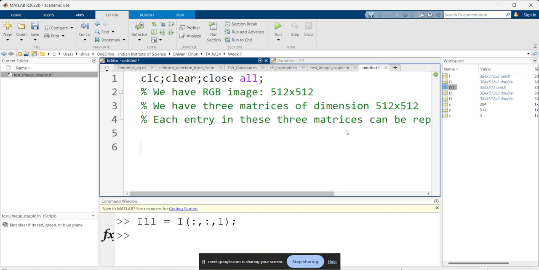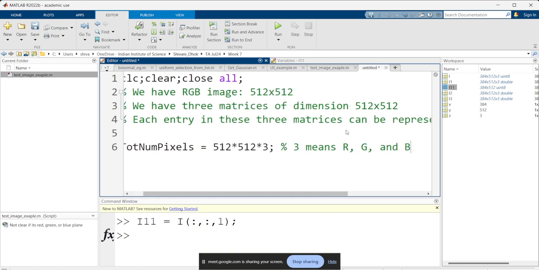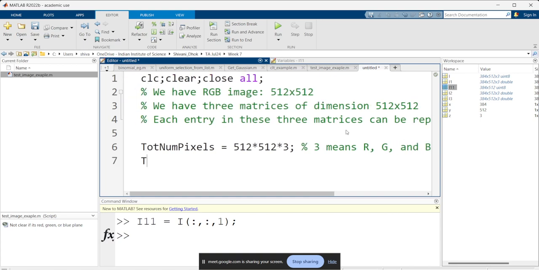So the first thing that we will figure out is the total number of pixels, and that is equal to 512 cross 512 cross 3. Why do we have 3? 3 means R, G and B. Then we can compute the number of bits required.